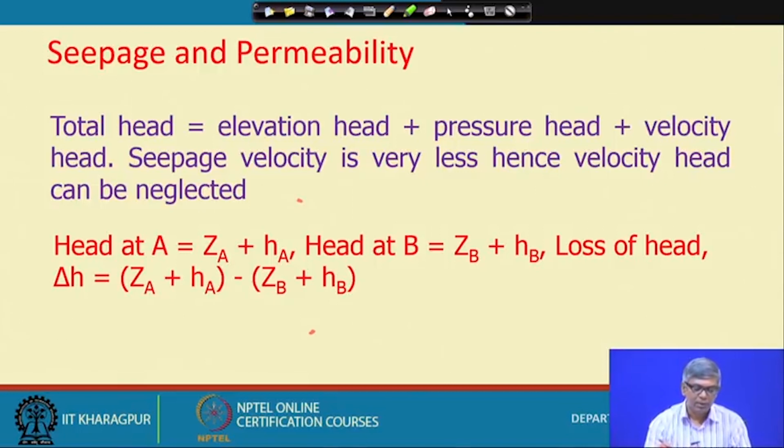If I consider two different points, then the head at point A will be datum head plus h A, that is the water head or pressure head, and similarly the head at B will be Z B datum plus the water head there. The loss of head will be the difference between these two. Over what length this head loss occurs will give you the hydraulic gradient.